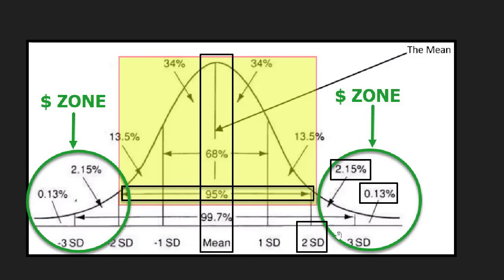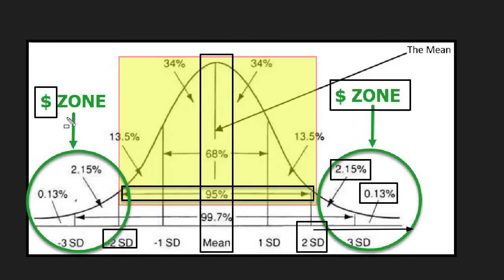Okay, I'm going to fudge on it a little bit and make it a little worse than it is. But we've got a 2.5% chance of the market continuing to go in the same direction. And the same would be for the opposite side, of course, as well. So that's why I call these the money zones. These are the money zones, above or below 2 standard deviations. Okay, so let's go back to our charts now that we understand the statistics behind this.